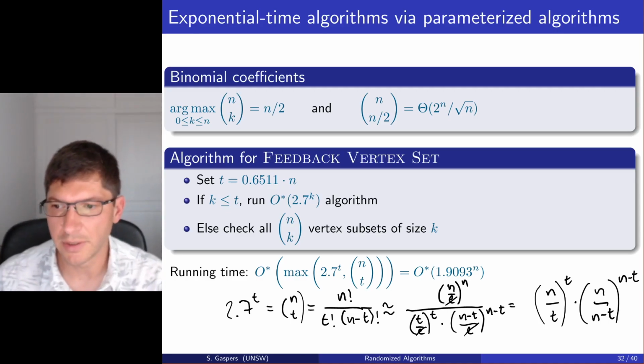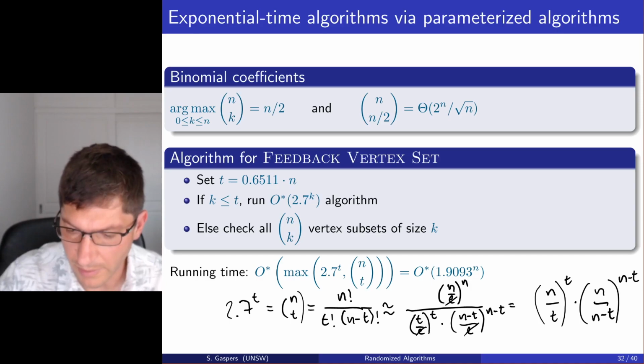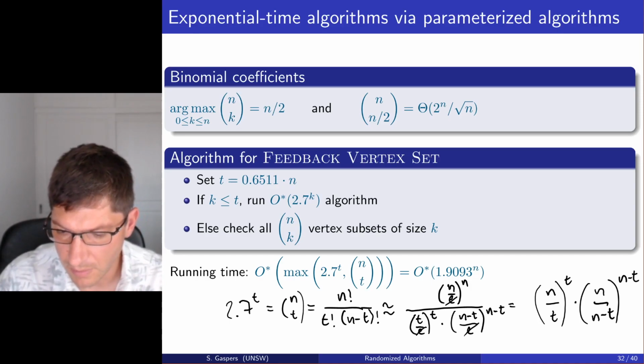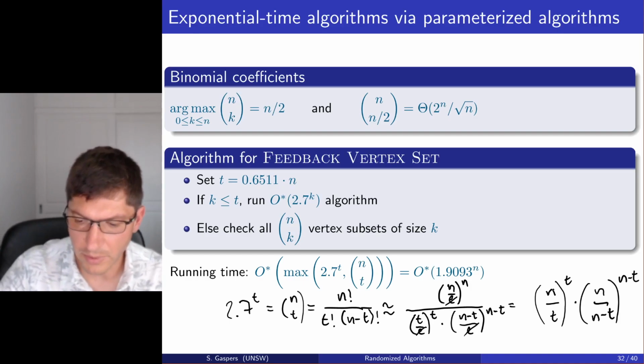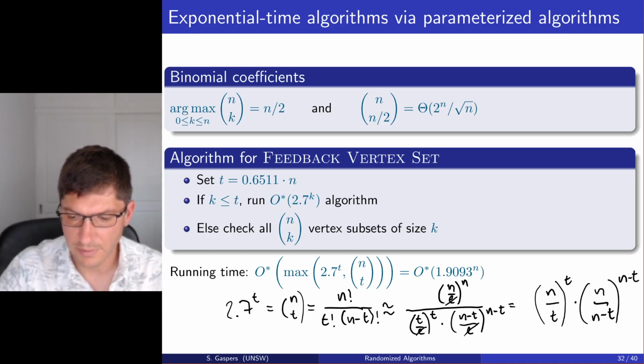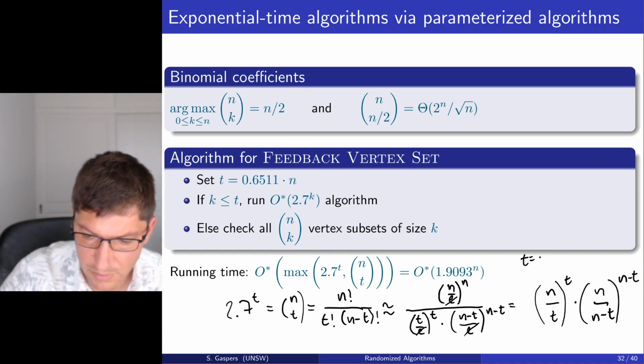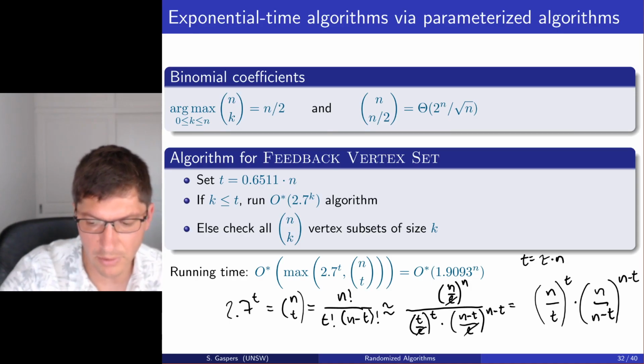So now I can actually get rid of my variable n here. Because, well, what do I have here? So I can just say maybe t is equal to tau times n. So tau would be this value here that we are looking for.